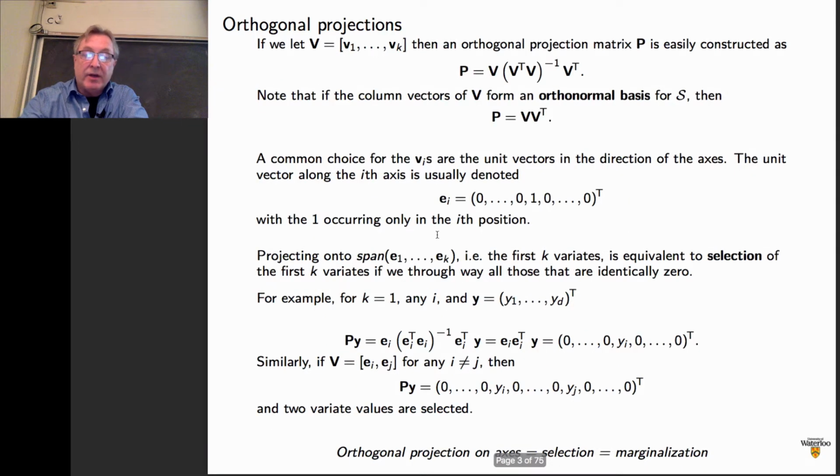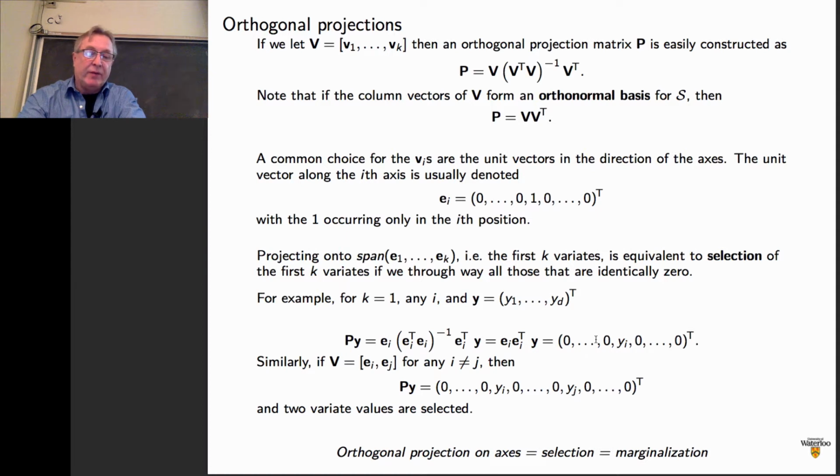So you go back here, do the same thing, and take an e_i and an e_j, put them together in a matrix form. Let that matrix V become e_i, e_j, so it's only K equals 2. Plug it in here, it'll look like this because they're an orthonormal basis.